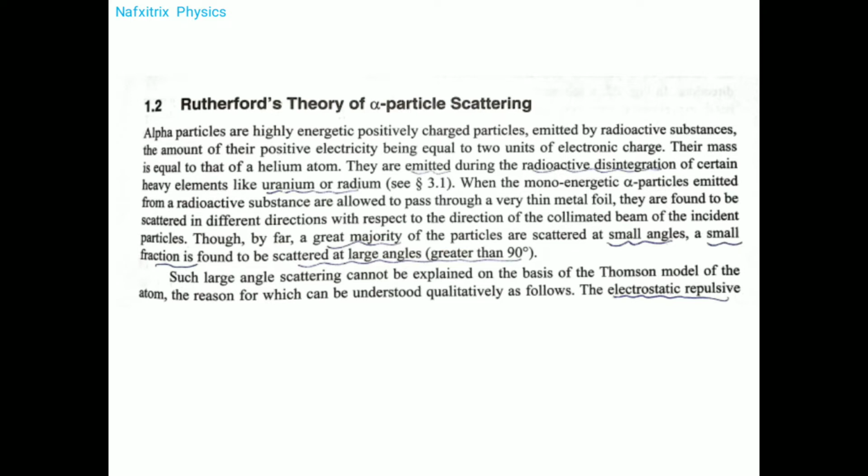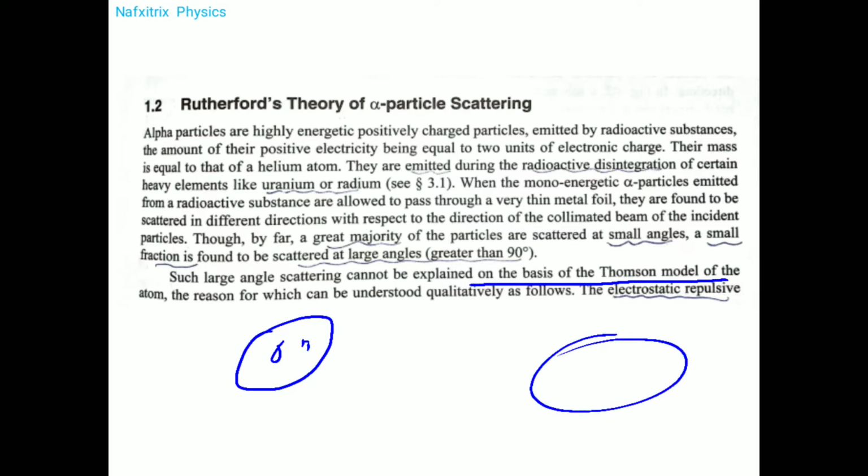Such large angle scattering cannot be explained on the basis of the Thomson model of atoms. J.J. Thomson proposed a watermelon model. It's just like a watermelon: the seeds embedded in the watermelon are the electrons, and the flesh is the positive charge. So it is electrons in a sea of positive charge. In such a manner the atom is distributed, with positive charge everywhere and electrons present here and there, like the seeds. This scattering could not be explained by this model.